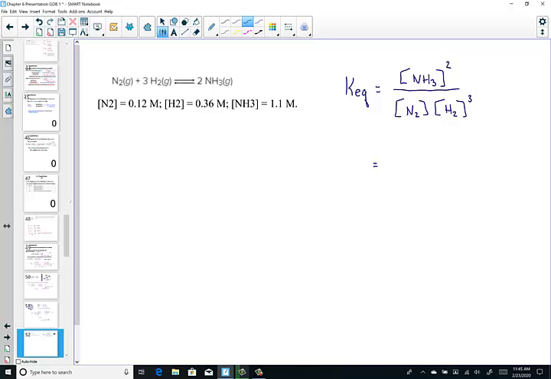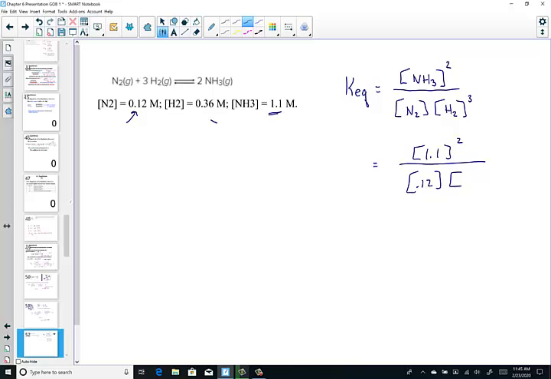Now that we have that, we can just plug in the concentration units at equilibrium. The concentration of ammonia is 1.1, and that needs to be squared. The concentration of nitrogen is 0.12, and that's to the first power.